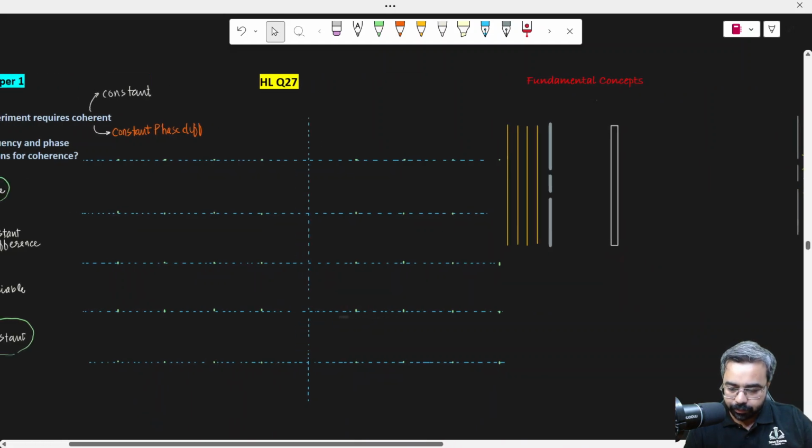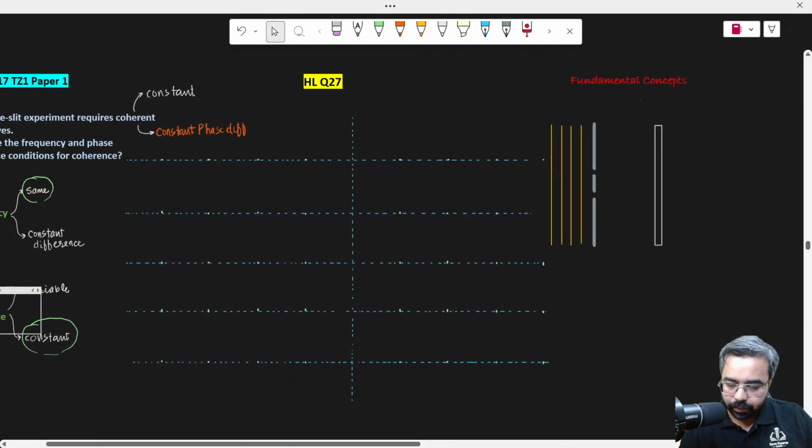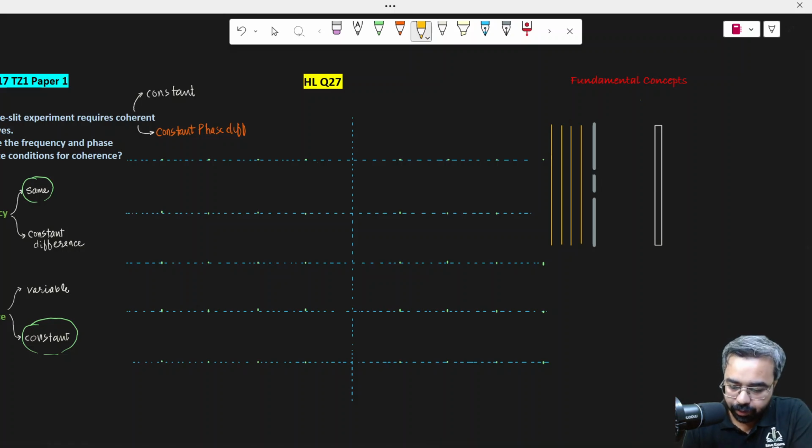For example, one monochromatic wave, and I'm showing you the wavefronts, where the distance between them is one wavelength, is passing through the two slits. By passing through the two slits, these waves will be diffracting without any change in their wavelength.